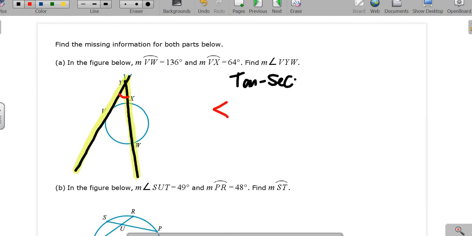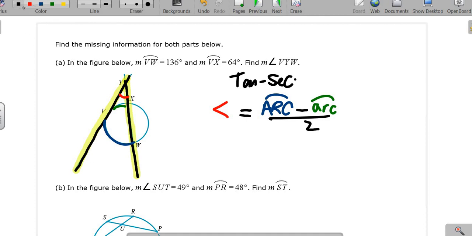That is angle equals big arc minus little arc over 2. Taking a look here, please. Big arc minus little arc over 2.